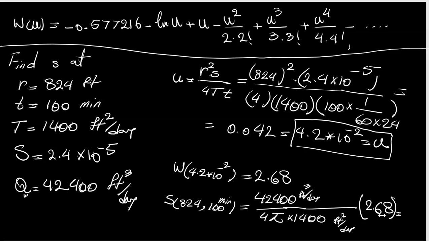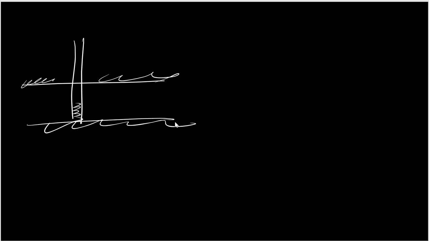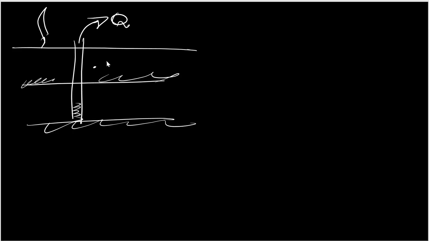If I calculate that, it will be 6.45 feet. So if, for example, you have a well in a confined system, and you know how much you're going to pump out, you can find the drawdown at any point from the well at any time t.